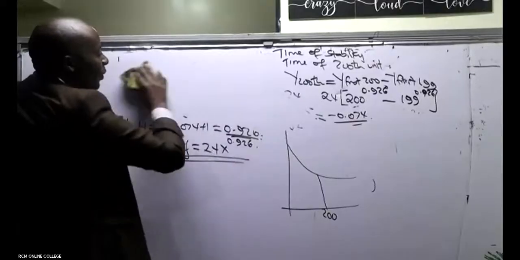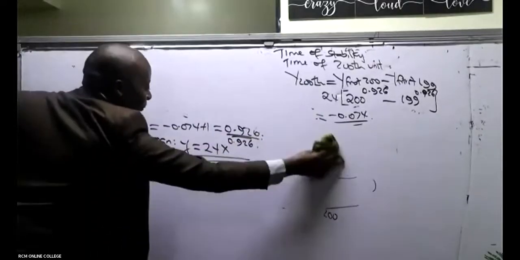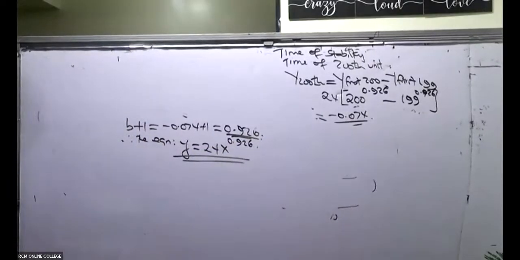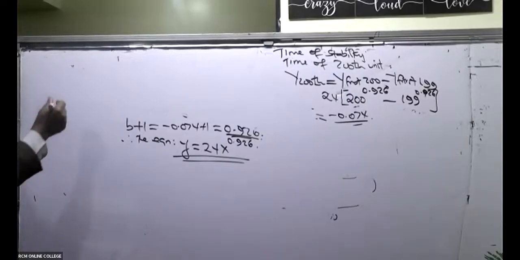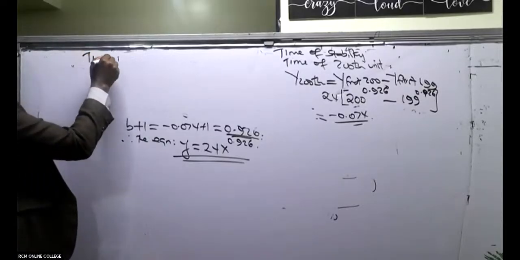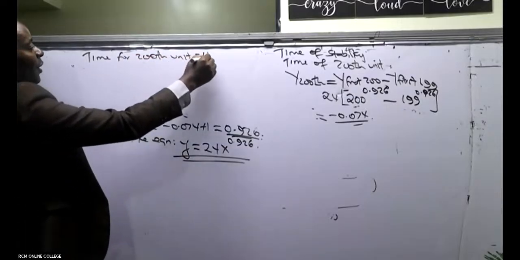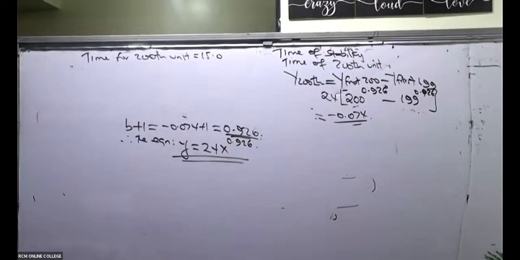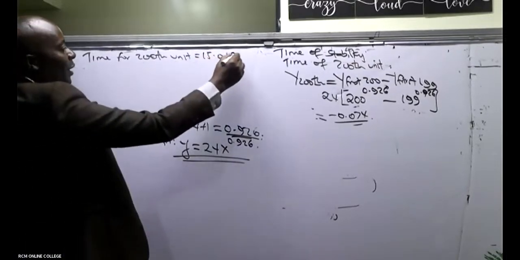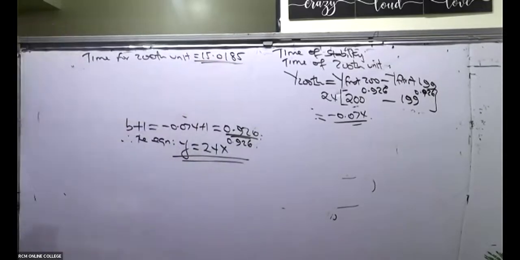So they're telling me that the time for the 200th unit will be 15.0185. I hope everybody has been able to get this.